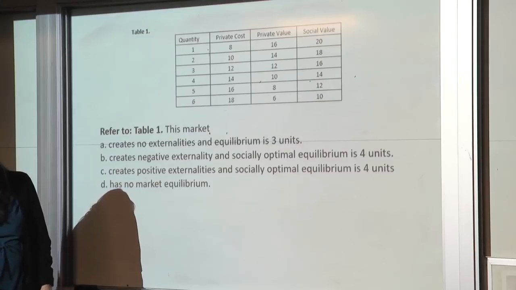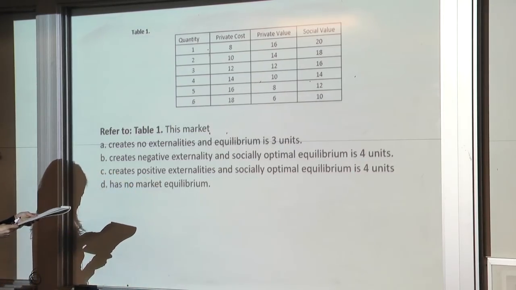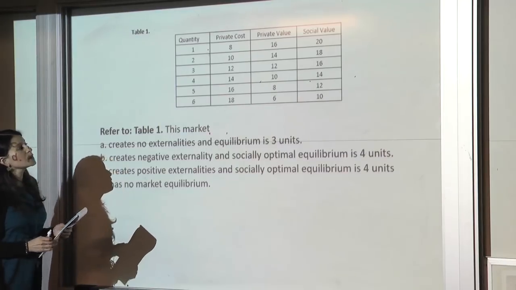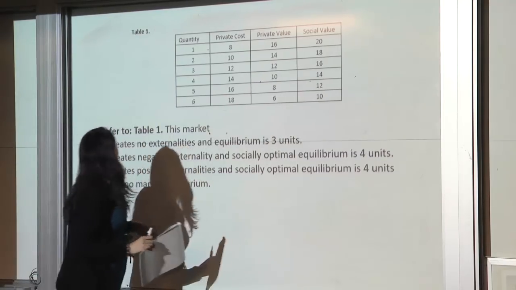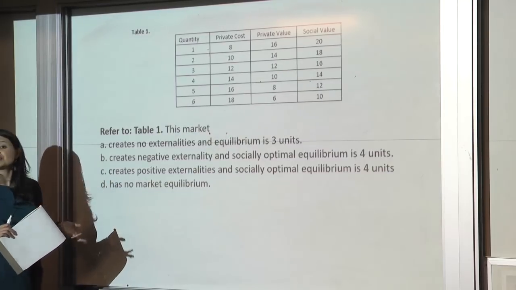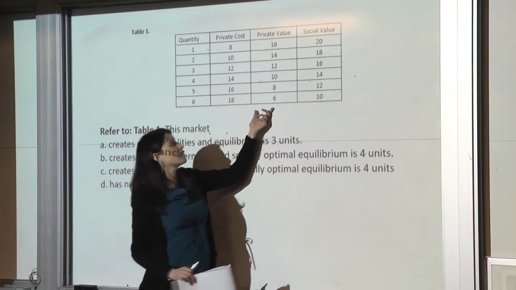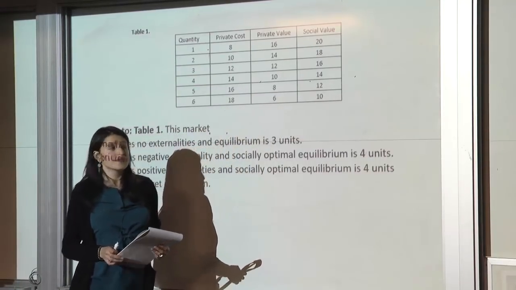So this question. In this market, they are asking me about externalities. And they are giving me a table with private cost and private value and social value, right?